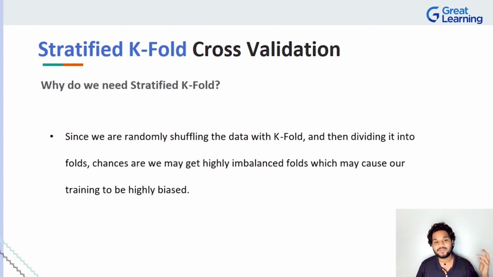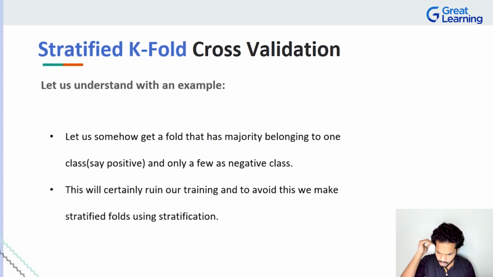So that's the reason why we use stratified k-fold as well. To give you an example, to give you an understanding of how we're trying to solve that problem with stratified k-fold, let's just say we have a fold which has the majority of all the positive classes. Maybe we're just trying to assess if a person is diabetic positive or diabetic negative. So in one fold, even though we randomized it, there can be a case where there are a lot of patients who are diabetic, and maybe only very few who are not diabetic.